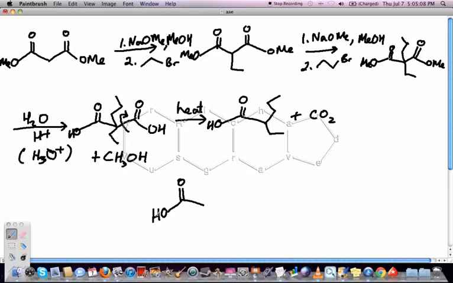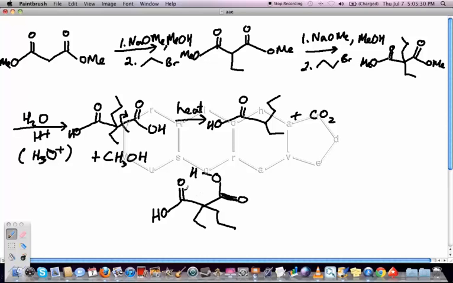Instead of a methyl ketone that we had earlier, we now have a carboxylic acid group here. But you see that the process is going to be pretty much the same if we look at the mechanism for forming the resultant carboxylic acid.